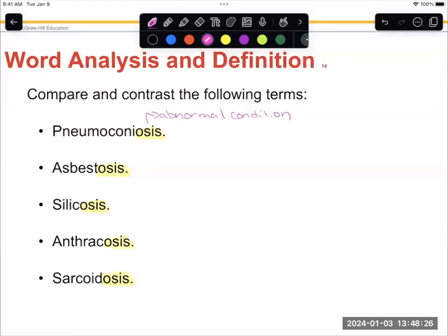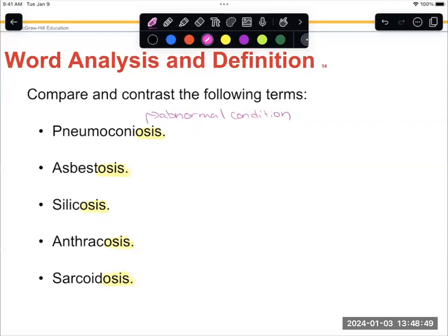Asbestosis is specific to breathing in asbestos. It can cause pleural cancer, known as mesothelioma. Silicosis is that breathing in of silica particles.